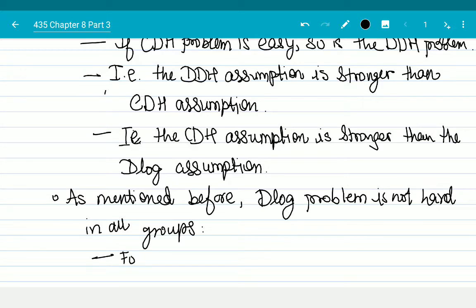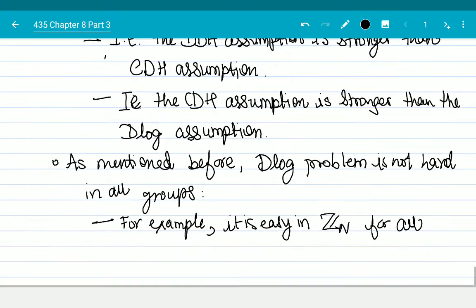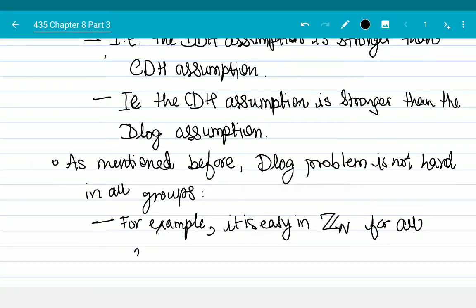In fact, it is easy in Zn for all generators.